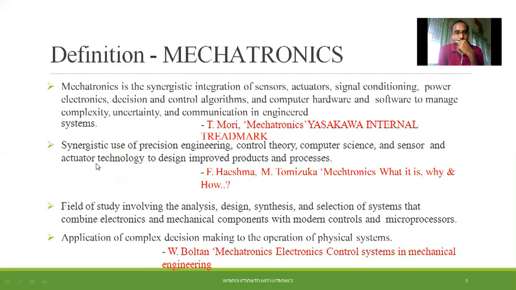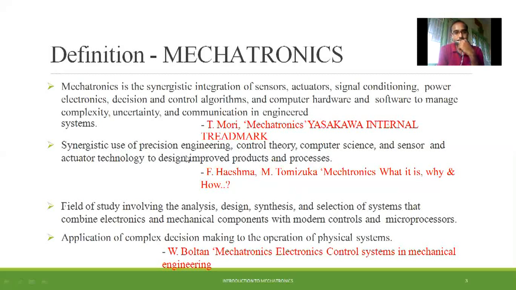Here we have one more definition regarding mechatronics. Let's see it. It is a synergetic use of precision engineering, control theory, computer science, and sensor and actuator technology to design improved products and processes. Basically, this definition is best suited for industrial fields.